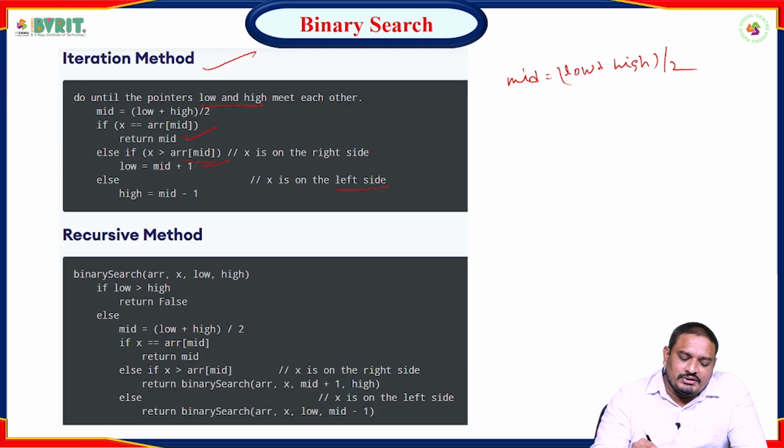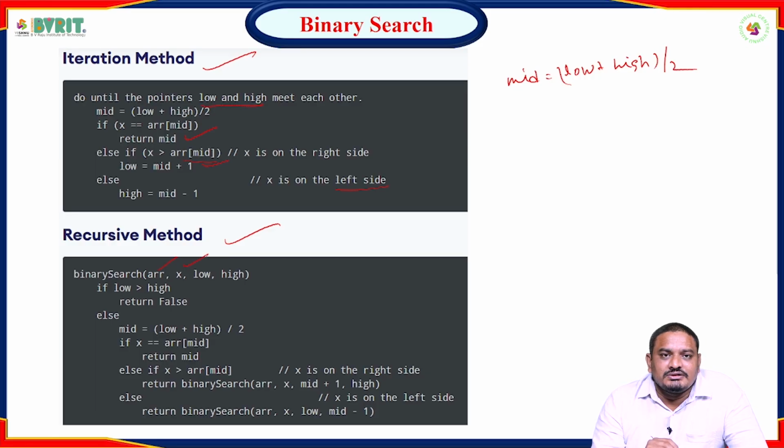Coming to the recursive method, to find the element using binary search, we take the array and the element to search for. The first condition: if low is greater than high, it returns false.